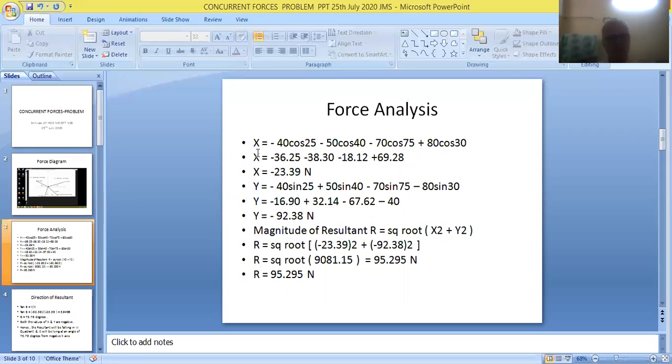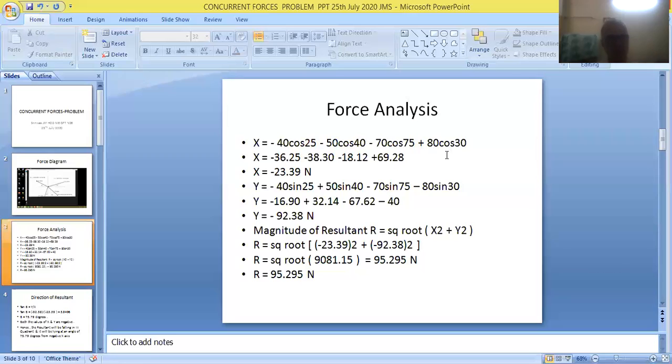So sigma x, sum of horizontal components. We have discussed 40 cos 25, 50 cos 40, 70 cos 75, 80 cos 30. In the previous slide, you can refer to the figures, and we have allocated the directions for horizontal and vertical components.